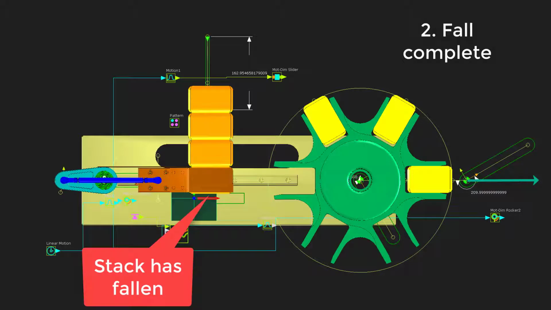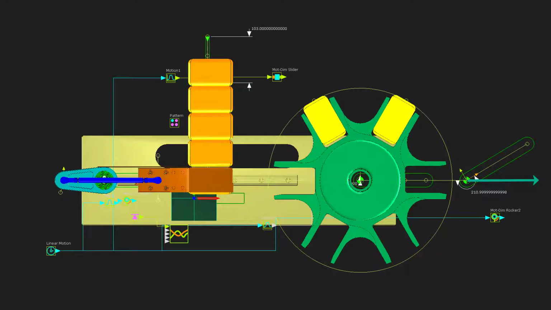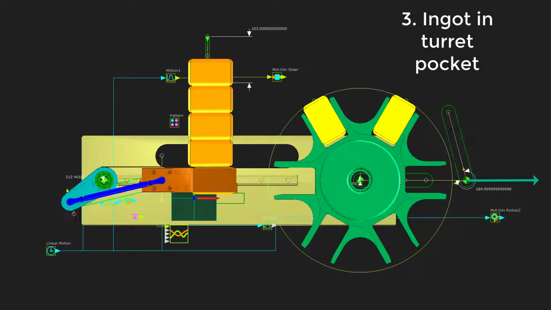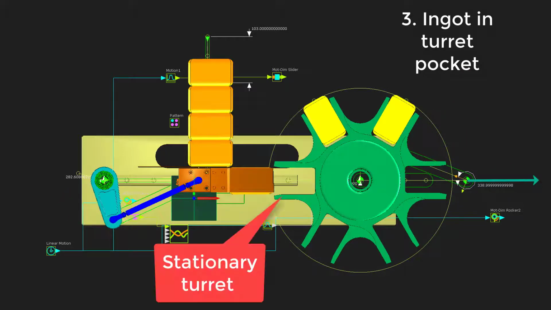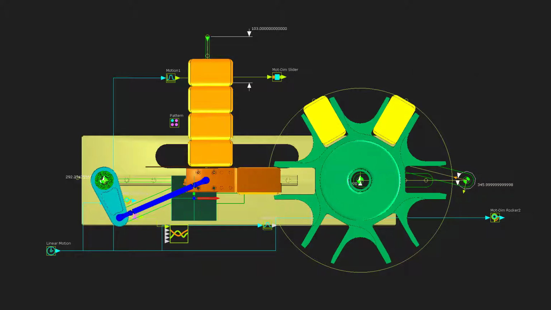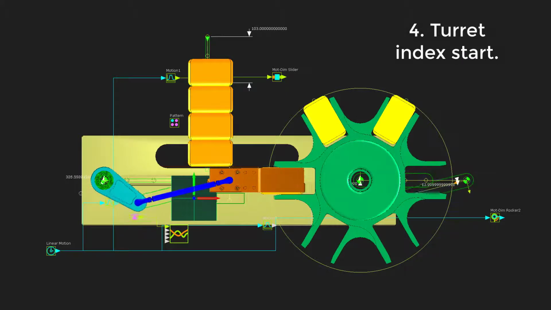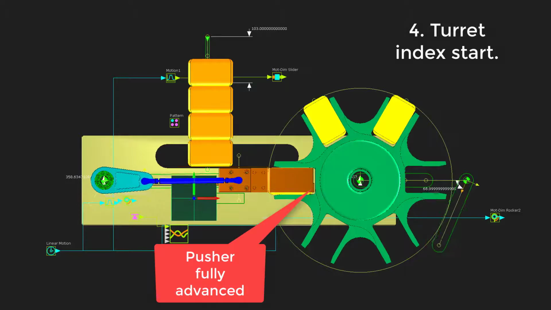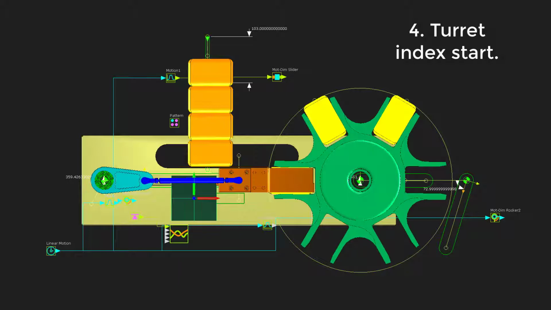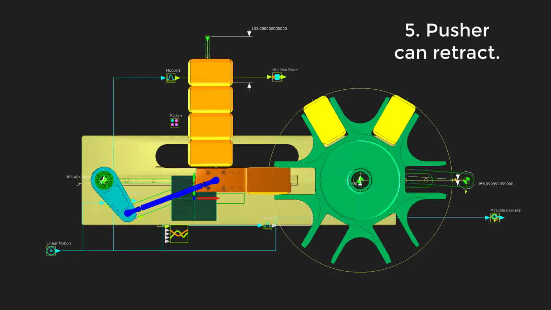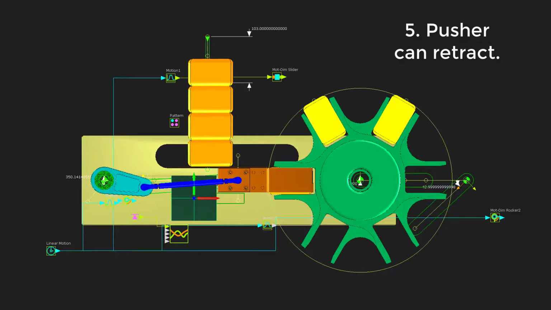Two, the stack has completed falling so that the pusher can start pushing. 3, the pusher can only enter the turret pocket when the turret is stationary. 4, the turret can only begin to index when the pusher is fully advanced. 5, the pusher can only retract when the pusher tang is clear of the load ingot.